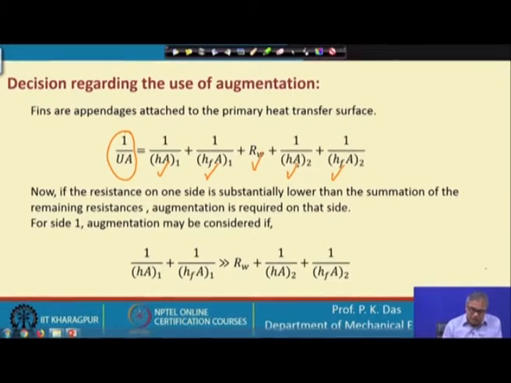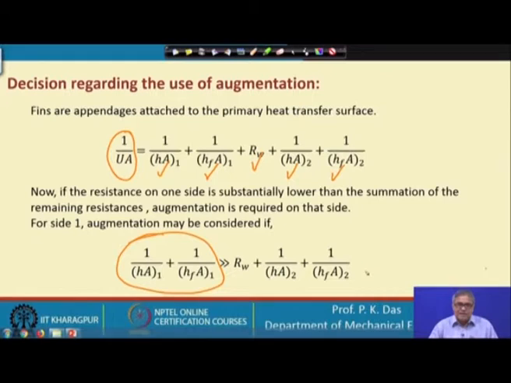Suppose the situation is such that for fluid one side, the summation of these two resistances is much more compared to the summation of the other resistances, then we can take a clear cut decision that the augmentation is to be done on the fluid one side. So, this is how we have to decide.